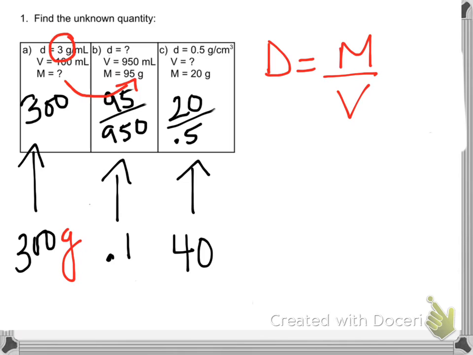So if the mass is what I'm missing, I just have to look to see what was the density. The density was in grams. What was the volume? The volume was in milliliters. And so all you need to do is notice that the one that I would be missing would be, now what did I put that?